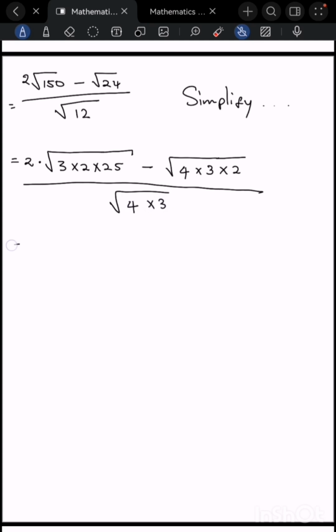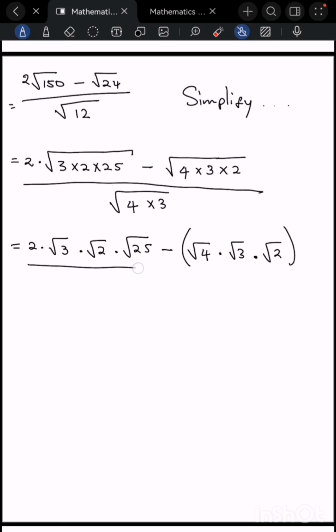It equals 2 times the square root of 3 times the square root of 2 times the square root of 25, minus the square root of 4 times the square root of 3 times the square root of 2, all divided by the square root of 4 times the square root of 3.